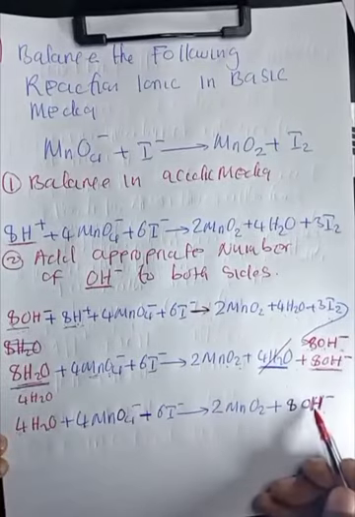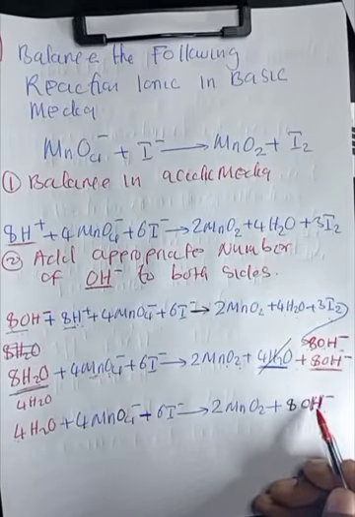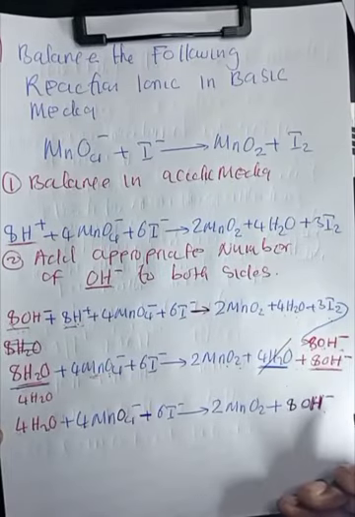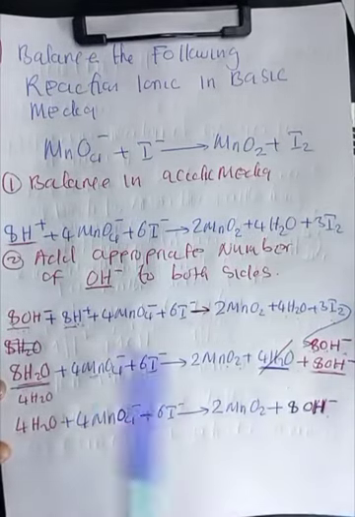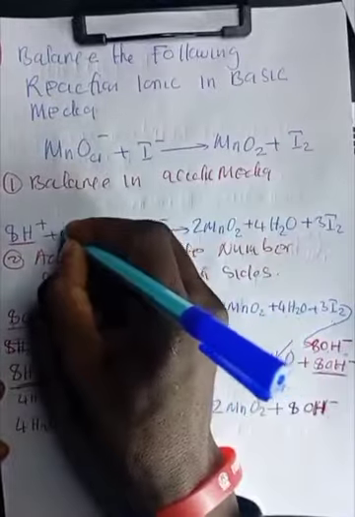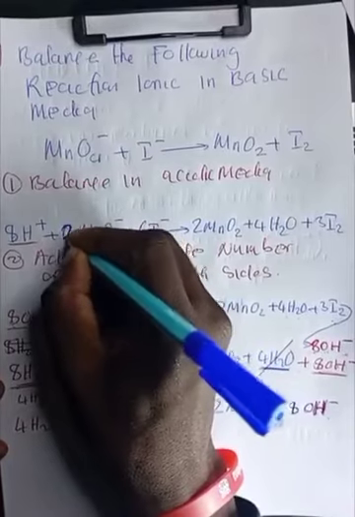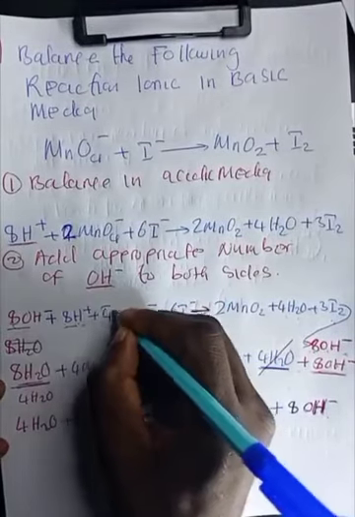So we come and check here, how many oxygens are here? Okay, sorry, we made a mistake. From the balanced equation, this was 2, not a 4. So it's a 2 here.